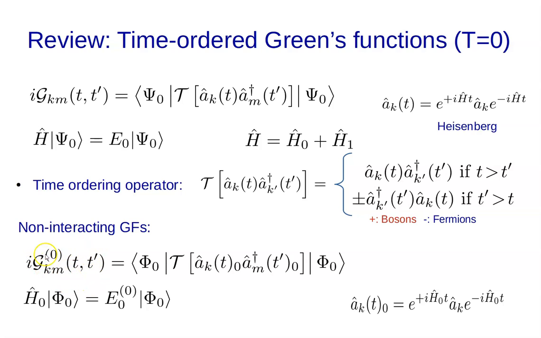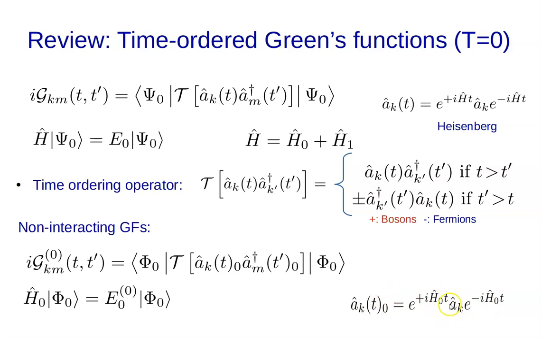So in principle you can calculate the time-ordered Green's function G_km naught from t prime to t. We're calculating the same thing as before, except now we're using the ground state of H naught, and the time evolution of these operators in the Heisenberg picture is governed by H naught. But we still have the time-ordering operator acting on a_k at t and a_m dagger at t prime. I put this subindex 0 so that we remember that we're doing the evolution with H naught.